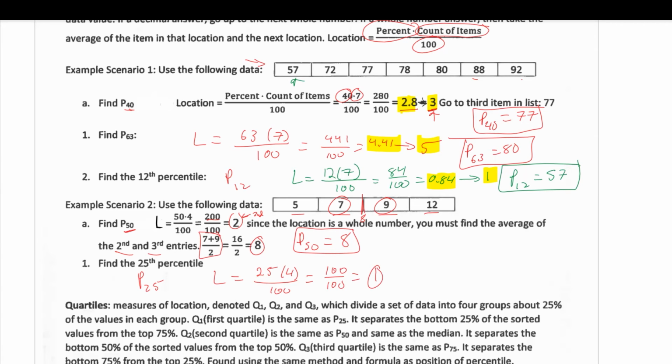So it's going to be between the first and the next, the second, right? Which is 5 and 7. So you just average those out. 5 plus 7 divided by 2. And we get 6. Okay, so we say that P25 is 6.